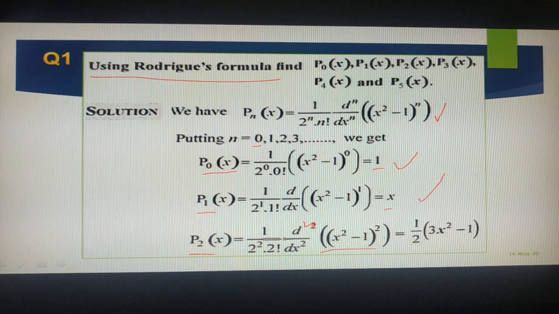If we expand this, what will we get? x to the power of 4 minus 2x square plus 1. Then if you differentiate one time, what will you get? 4x cube minus 4x, right? Then again if you differentiate one more time, you will get 12x square minus 4.